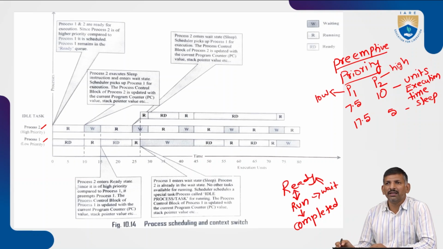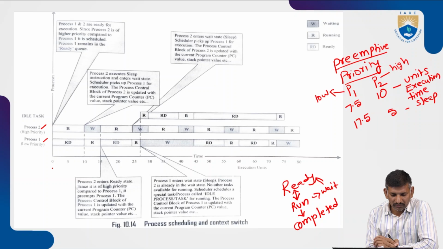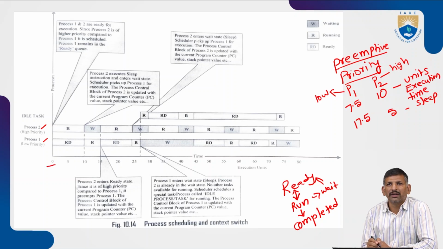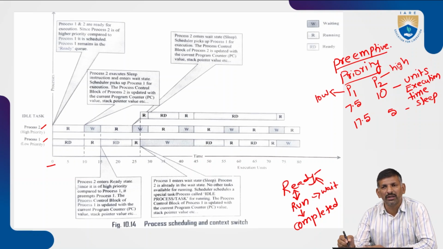Initially, at time 0, processes P1 and P2 are available in the ready state. The scheduler checks which processes are available in the ready state, and based on the scheduling algorithm, here the preemptive priority scheduling algorithm, it selects one.